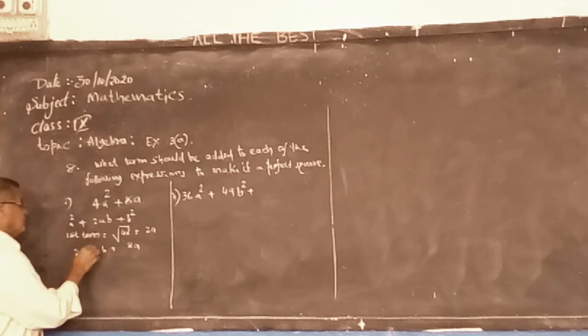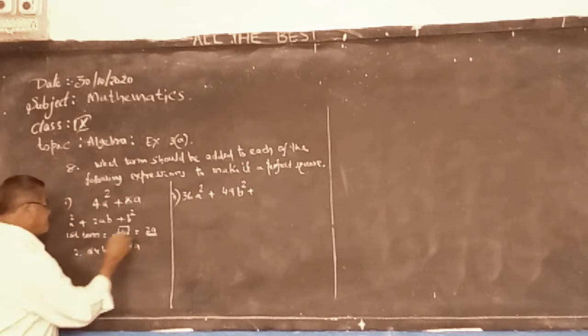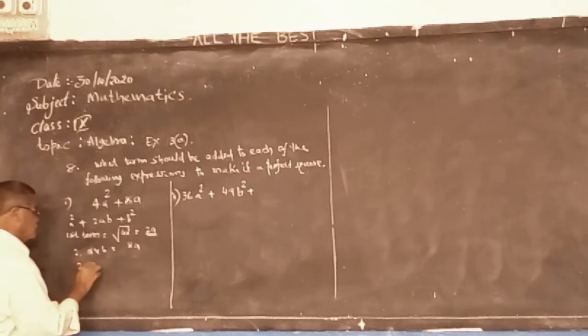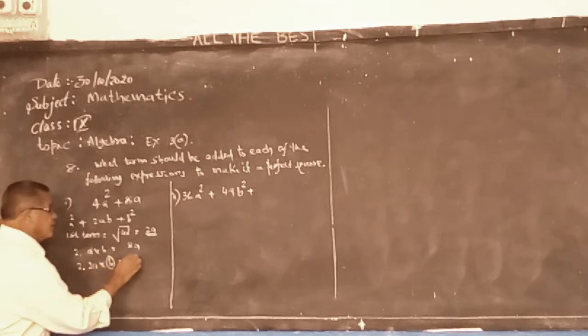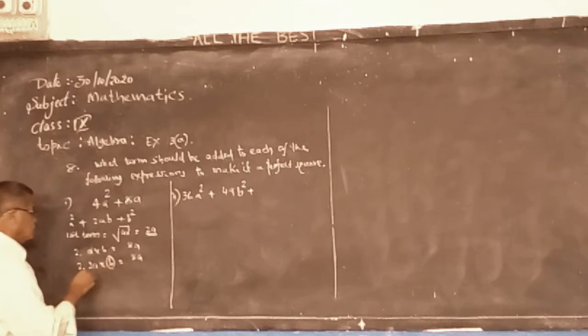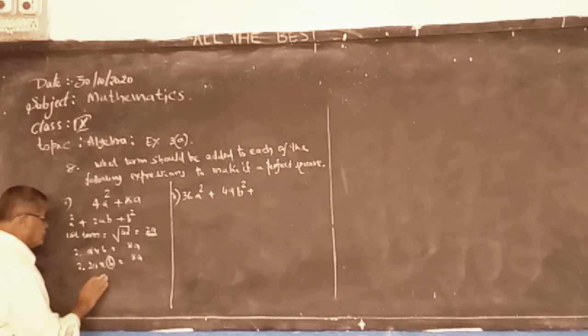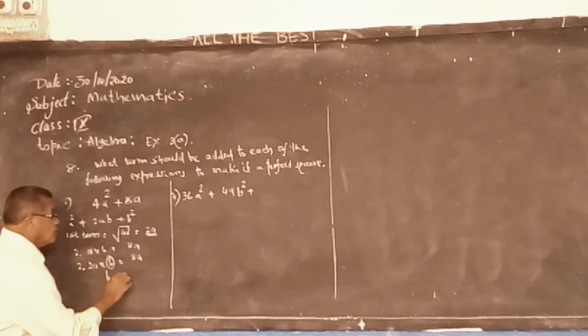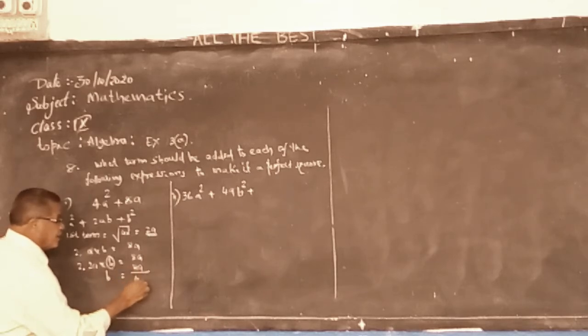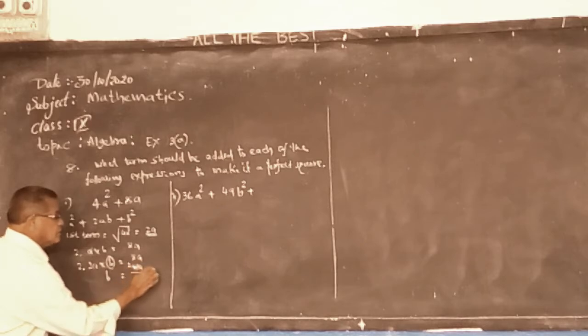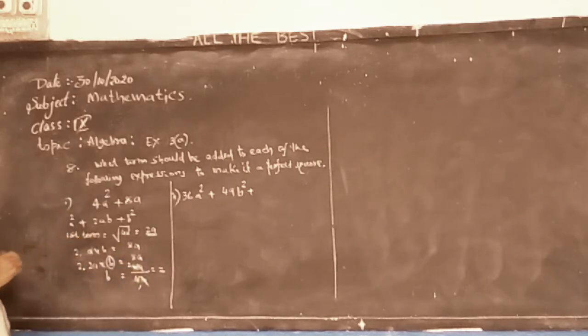Here the first term is 2a. So 2 into 2a into the second term b is equal to 8a. So the second term b is equal to 8a by 4a. The a cancels, 4 ones are 4, 4 twos are 8. So the second term is 2.